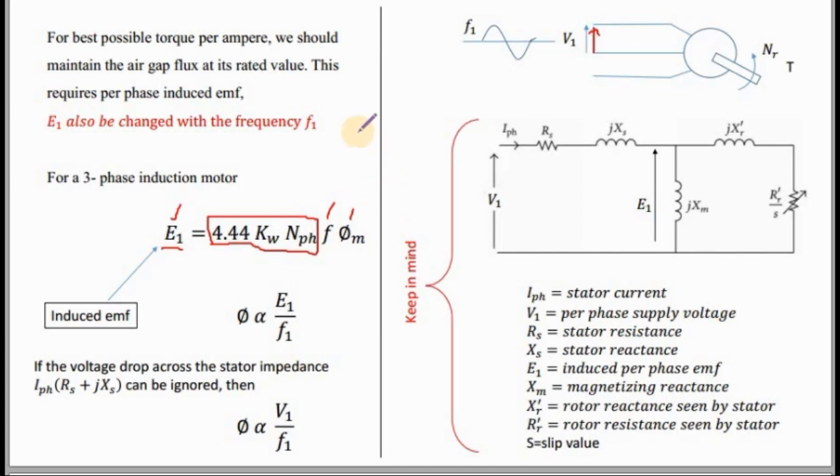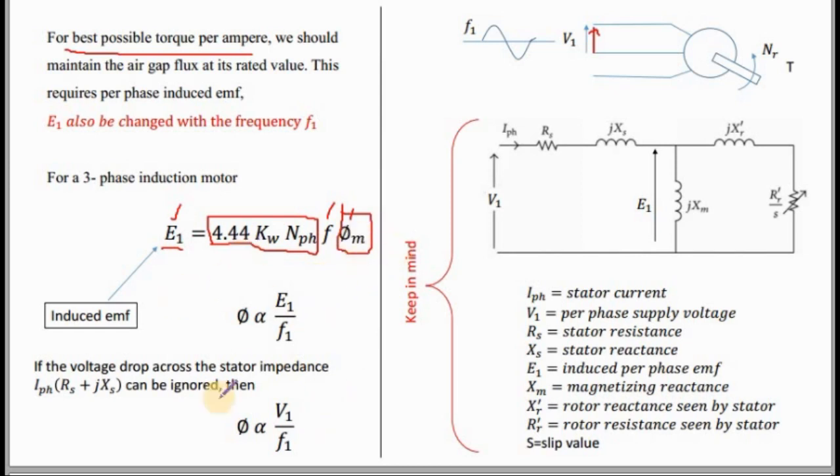In order to get the best possible torque per ampere, we need to keep psi at its rated value. So always, the torque of the motor depends on psi. So you have to keep this one as its rated value.